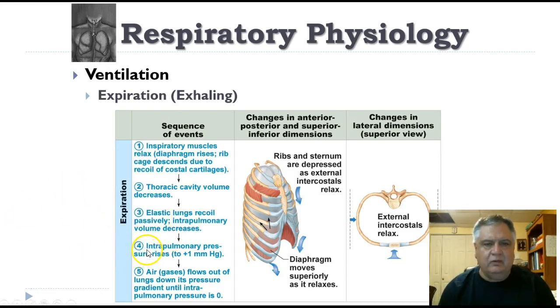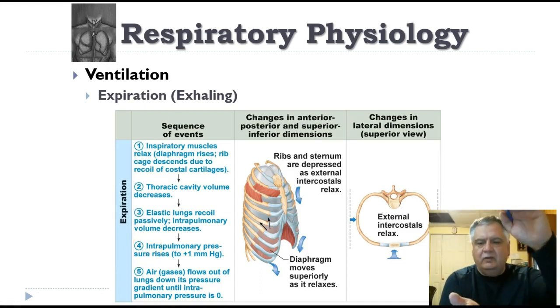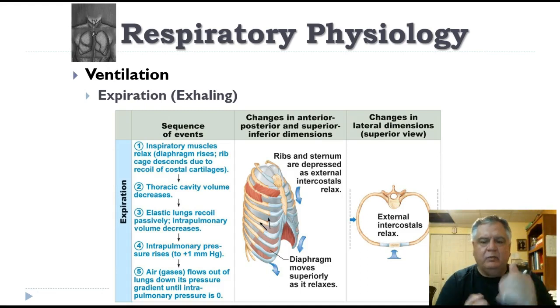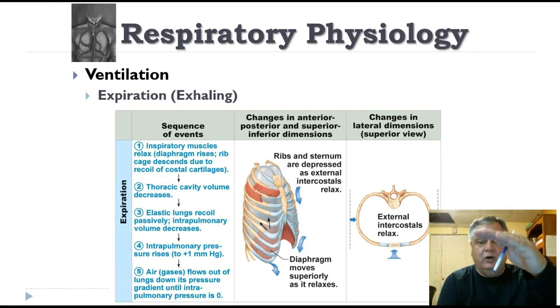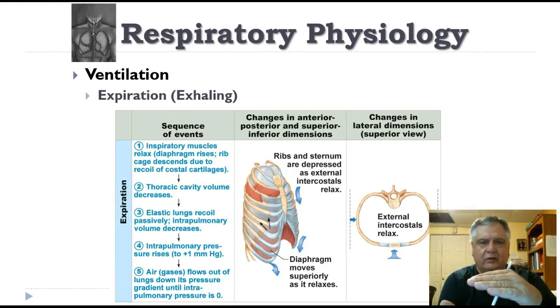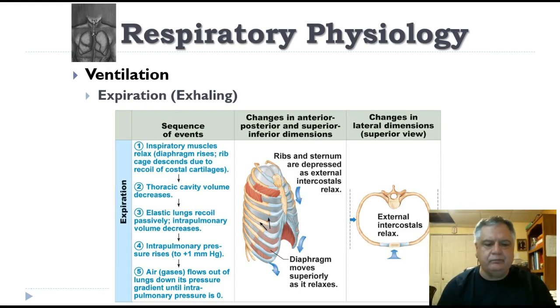As that happens, think back to what we saw with the Boyle's Law diagram. As the size of the container gets smaller, what happens to the pressure? The pressure is going to go up. So as the lungs return passively back to their original shape, they're getting smaller and smaller and smaller. The pressure is going to go up and up and up, right?